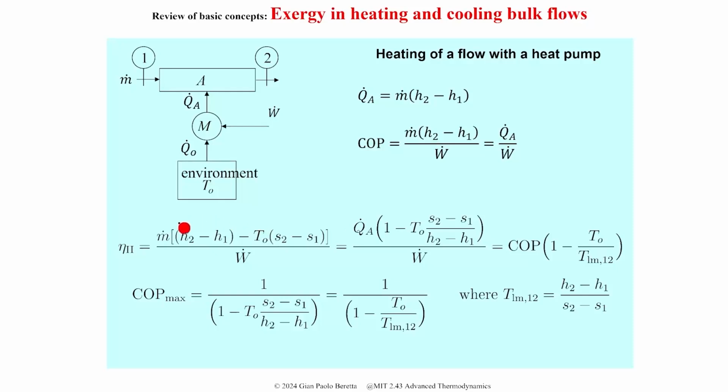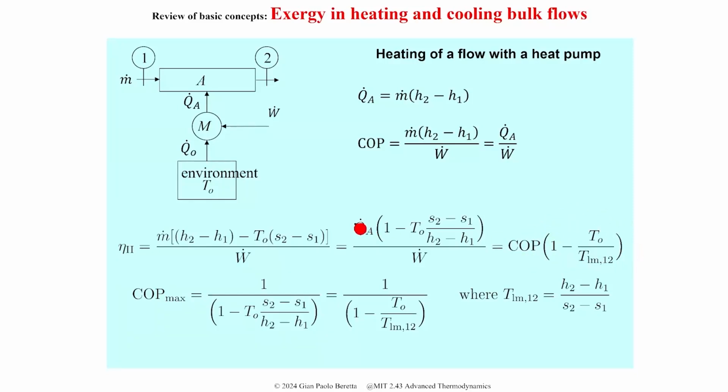We have also seen that if I take H2 minus H1 times m dot outside of the parentheses, and I recognize that we called it QA, the remainder is a Carnot coefficient looking combination, that if we define H2 minus H1 over S2 minus S1 as the logarithmic mean temperature, or the equivalent heat temperature that provides the same ratio of energy and entropy, then you can write it this way.